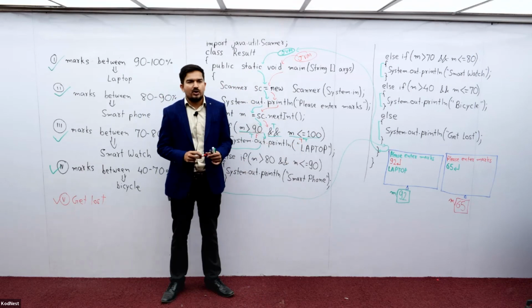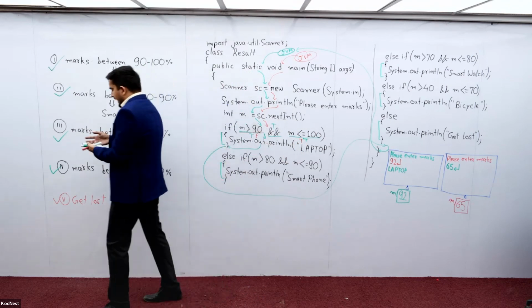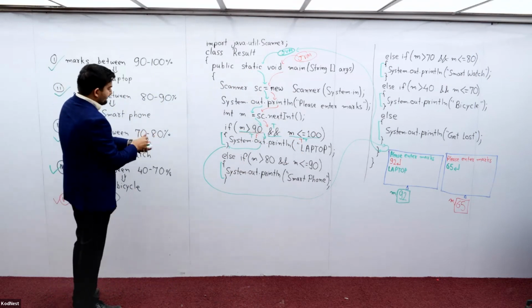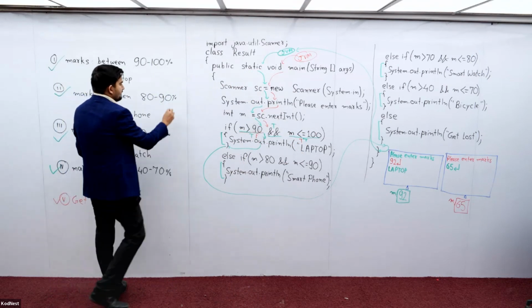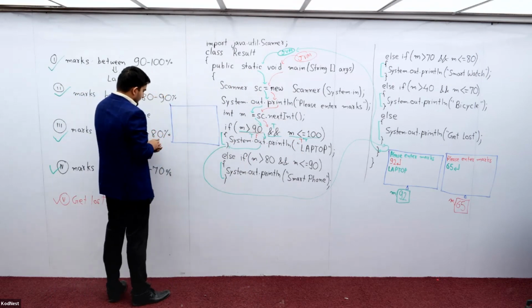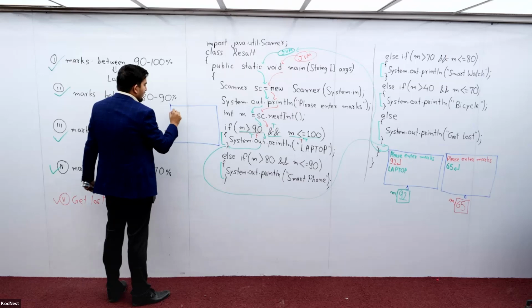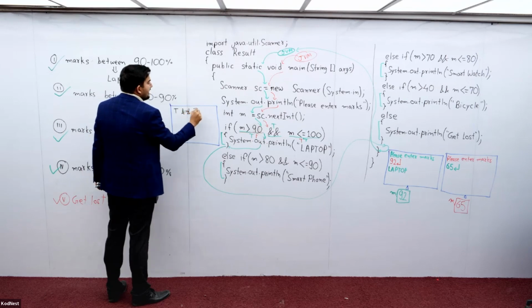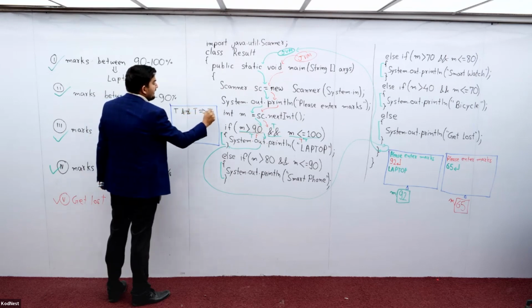False and true. There is something called the AND table, and it looks something like this. For true and true, if both the conditions are true, the overall result will be true.